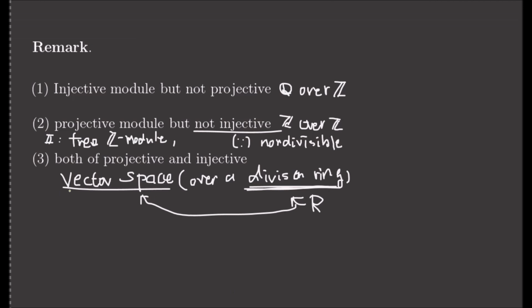Why is a vector space both projective and injective? First, check that a vector space is a free module.